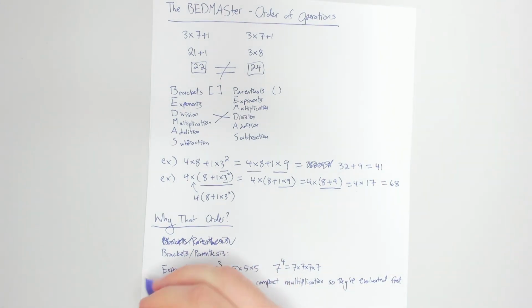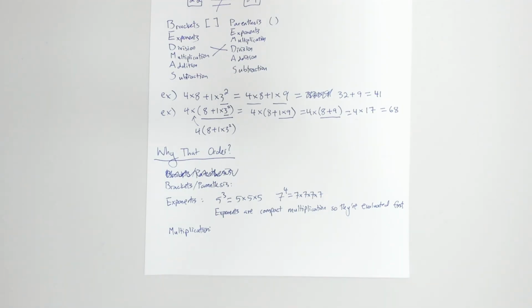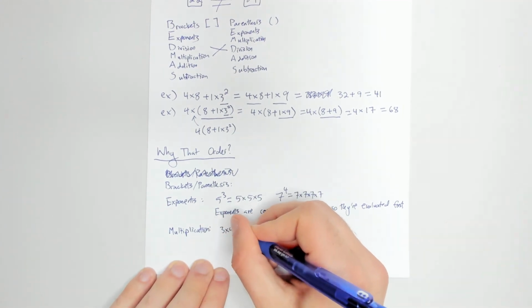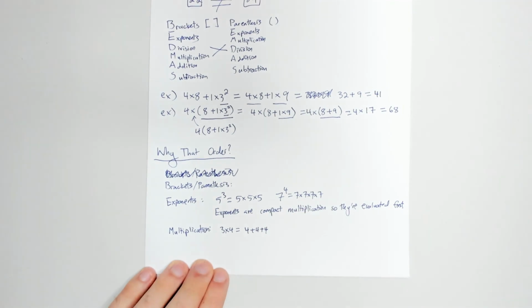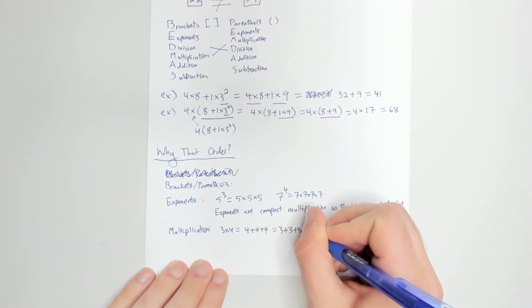Next up, we have multiplication. So we understand the reasoning for why exponents might come before multiplication because they're basically multiplication in and of themselves, just a more compact way of writing it. Well, for a similar reason, we're going to say that multiplication comes before addition. Because if I think of something like 3 times 4, that's literally me taking 4 and adding it to itself 3 times. Or the same thing as taking 3 and adding it to itself 4 times, right?